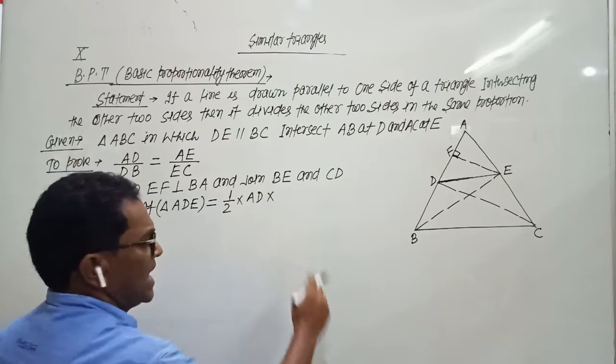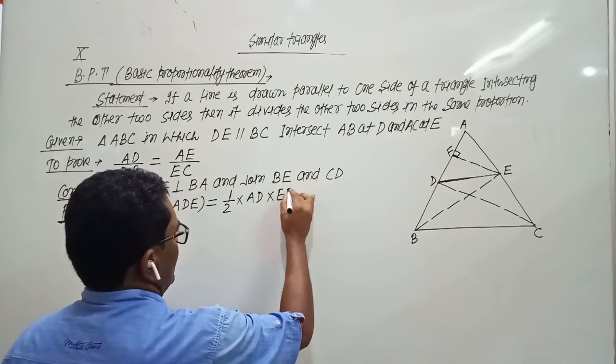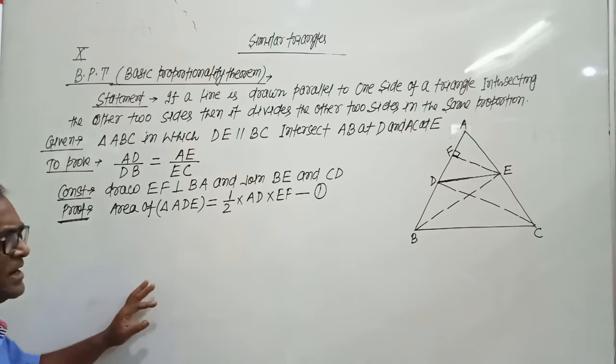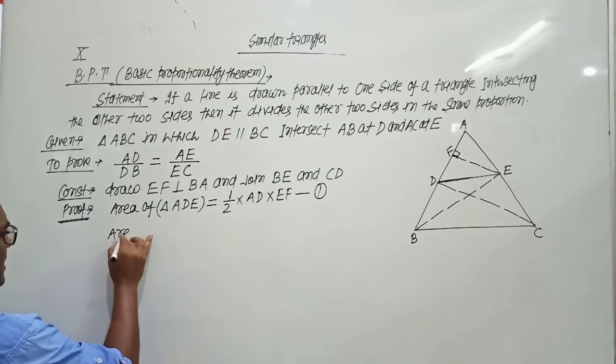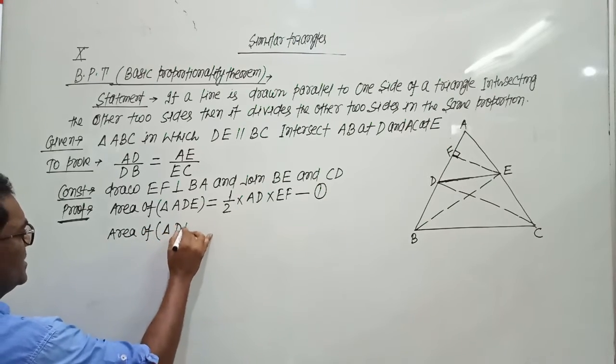Height means altitude, and the altitude we have drawn by construction is EF. This is equation number one: area of triangle ADE equals half into AD into EF. Now area of triangle DBE.